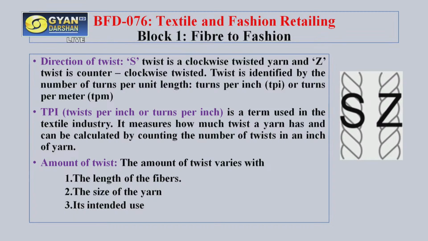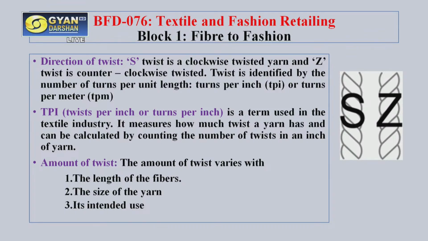The amount of twist can vary, and it depends on three components. First, the length of the fiber, whether it is a staple yarn or a filament yarn; the twist per inch can differ. Second, the size of the yarn.